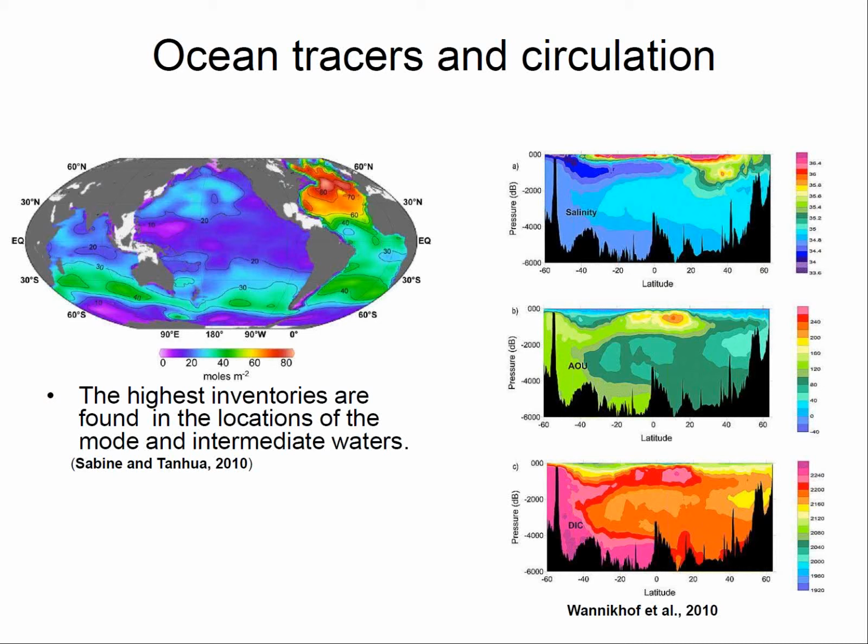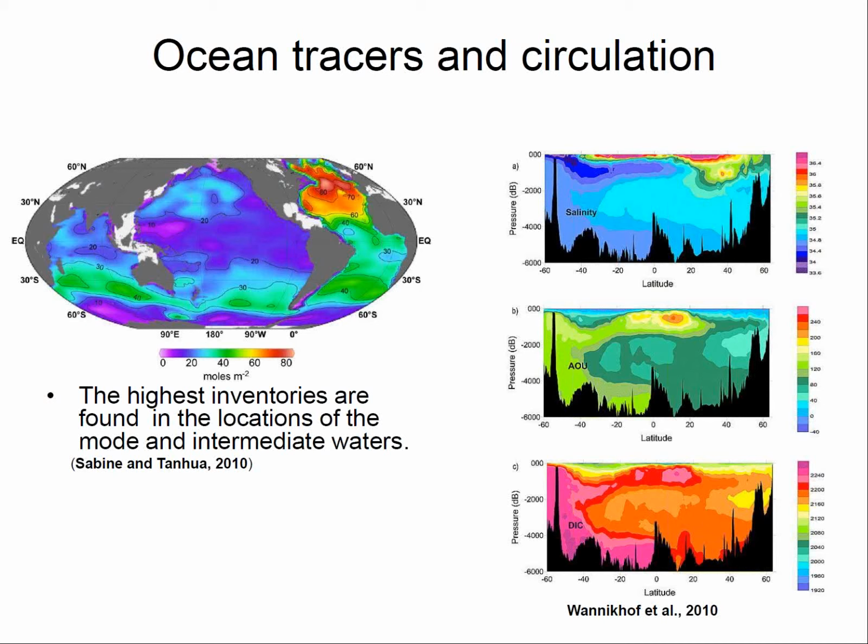So just to give a little introduction, why study the Antarctic Intermediate Water. Here is a view of the ocean tracers, and here on the left side we have the carbon inventory. This is from Sabine 2010, and from Sabine 2004 as well.